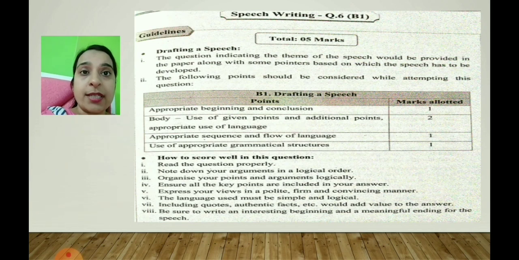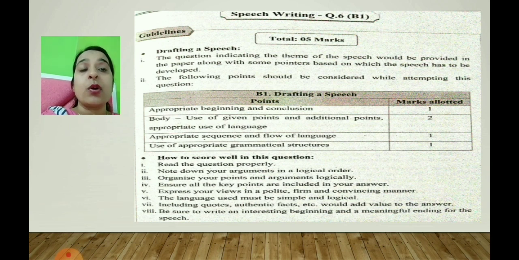Children, whatever points are given, you have to use those points, and you can use your own points too. And the language should be appropriate, so that will give you 2 marks. Then appropriate sequence and flow of language, that is, it should be logical, 1 mark for that. Use of appropriate grammatical structures, that also will fetch you 1 mark. So it's a 5 mark question, children.